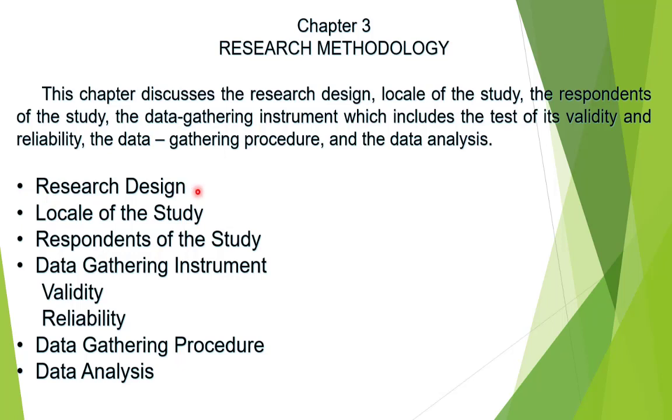Of course, if the instrument is self-made or not standardized, then you can have the validity and reliability discussion, and then the data gathering procedure or data collection, and the data analysis or the statistical tool.